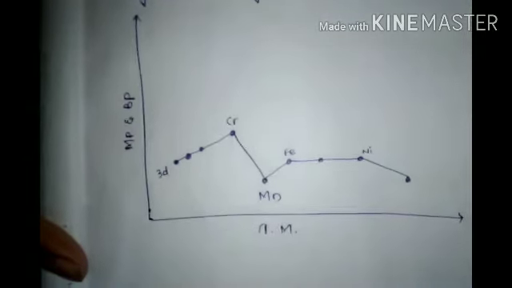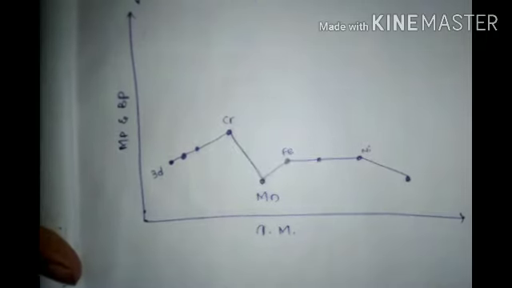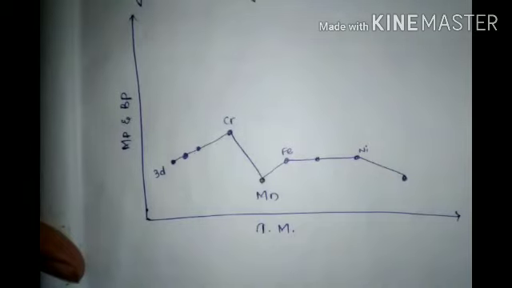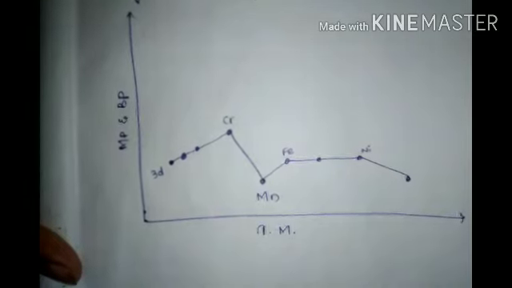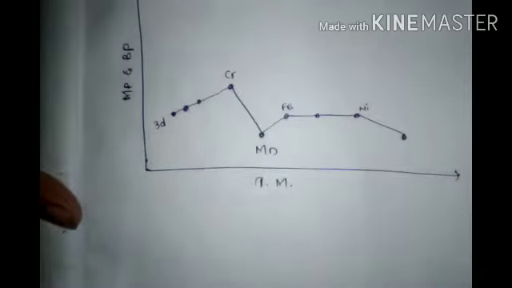Okay guys, observe this once. From chromium to manganese, it suddenly decreases. What is the reason? Could anybody tell?